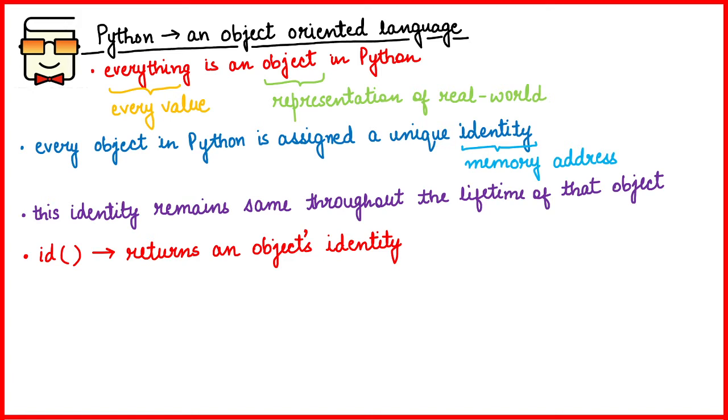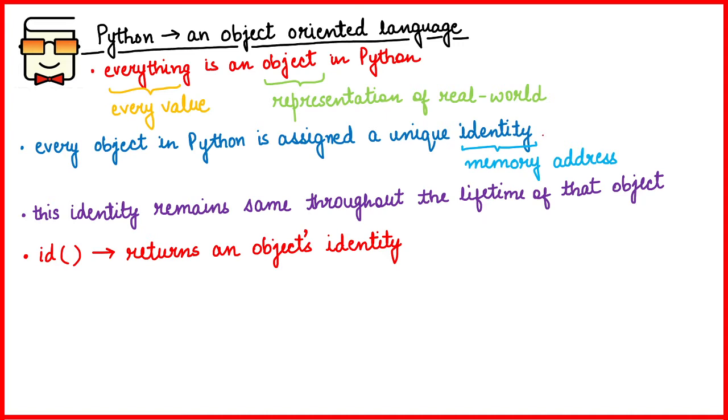Every object is assigned a particular memory location in the Python programming language, and that memory location, or the memory address, is referred to as the identity of that object. Once an object or a value is created in Python, it is assigned a unique address, and as long as it remains alive in the program, that unique identity will remain as it is.